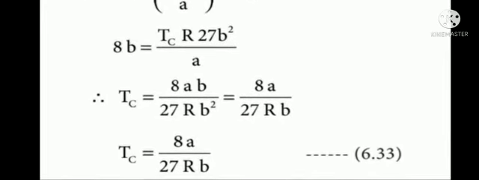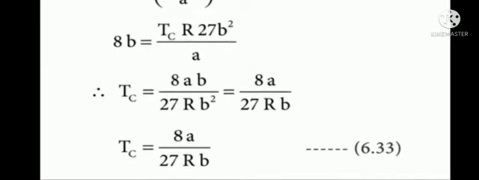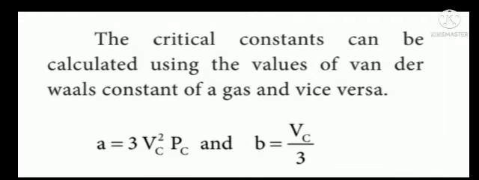It is given in equation 6.33. Hence, we derived critical constant values from van der Waals constants. The value of critical constants: Vc is equal to 3b, Pc is equal to A by 27b square, Tc is equal to 8A by 27Rb.